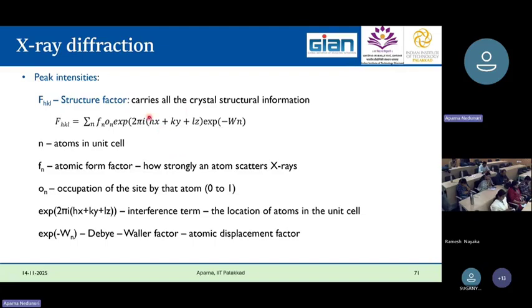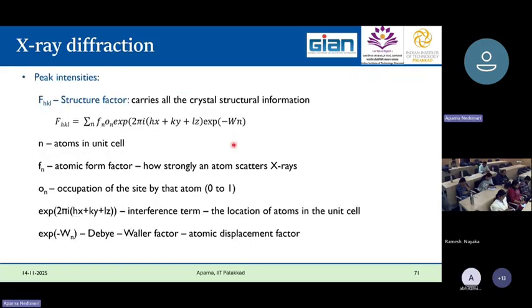That is why you have HKL, which are from your Miller indices, and X, Y, Z are your fractional coordinates. And the temperature effect, or the atomic displacement factor that we talked about, can be taken care of by the Debye-Waller factor, which is exponential of minus Wn.